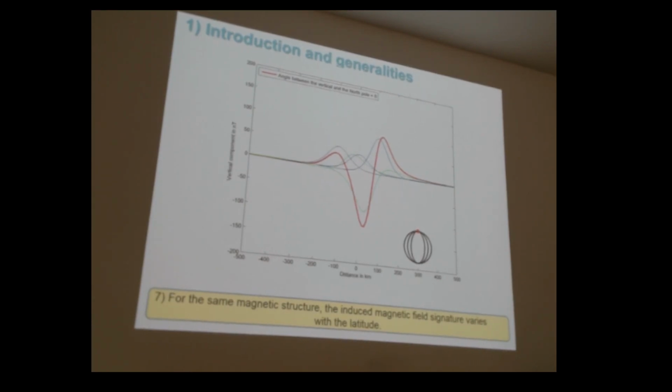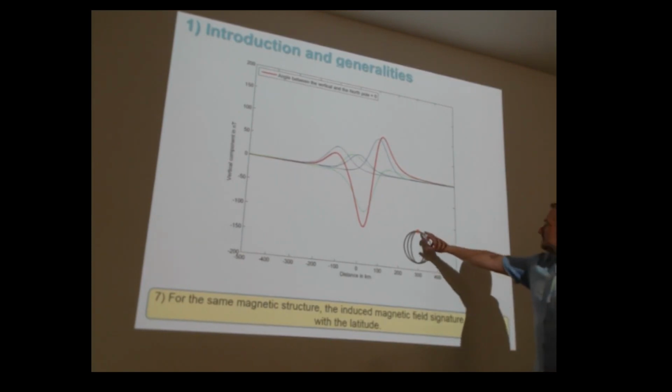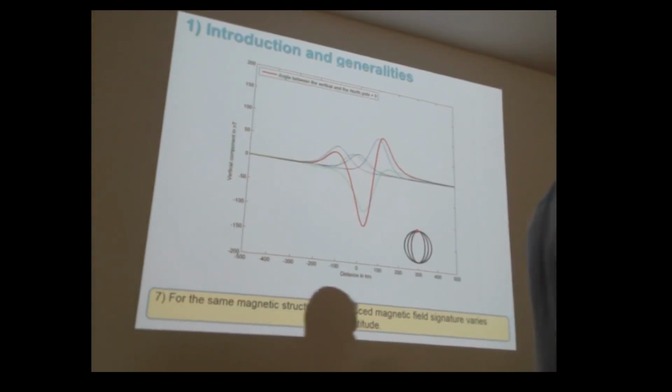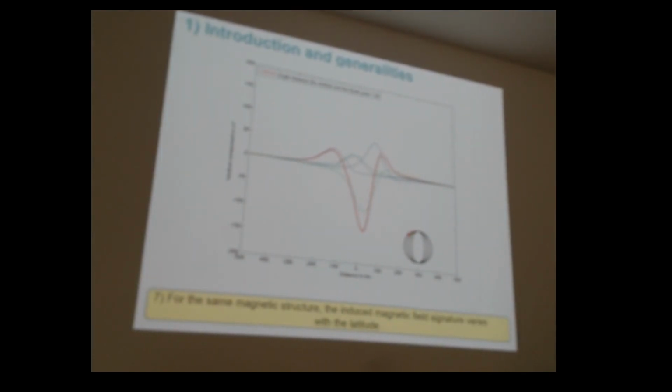So here, if you play around with the inclination, so now we are here, and we will slightly go to the southern hemisphere, this is how your magnetic anomaly evolves.